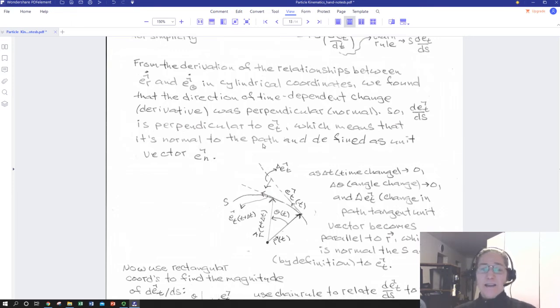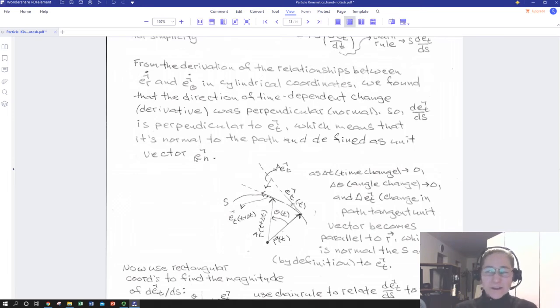Turns out that's exactly what it is. So the change in the tangent unit vector direction with change in position along the path is defined as the normal to the path at any given point. And that's changing with the path. With a circle, it's always pointing to the center. But this path is going wherever, so at every point along the path, the normal to the path is in a different direction, as is the tangent.